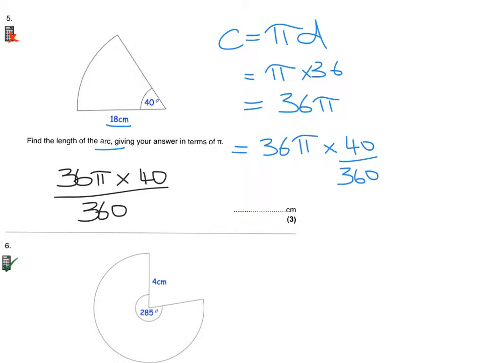Now I can say that 36 and 360 cancel, so that leaves me with 10. And then I'm going to cancel the 40 and the 10. It leaves me with 4 over 1. So amongst all the madness going on there, I can see that my final answer is 4 pi divided by 1, which is just 4 pi.